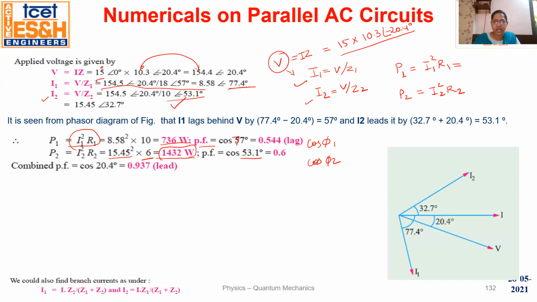So it was taken wrongly; it is 77.4. It will give the values 0.544 and 0.6. In this way, you can find the power factor for branch 1 and branch 2. And the total power factor is given by cos 20.4, which is 0.937 lead.